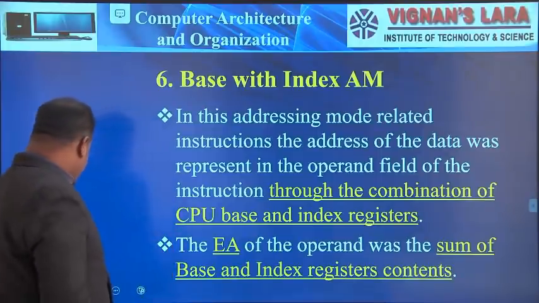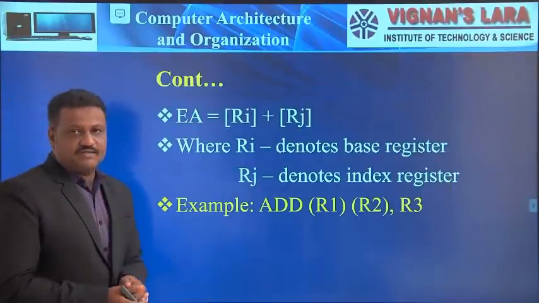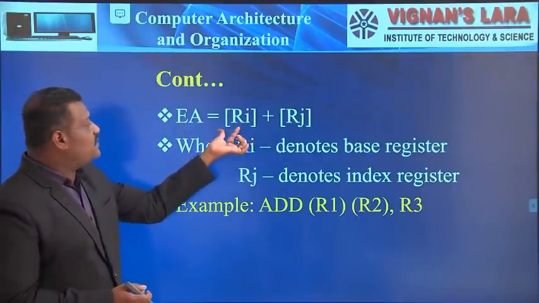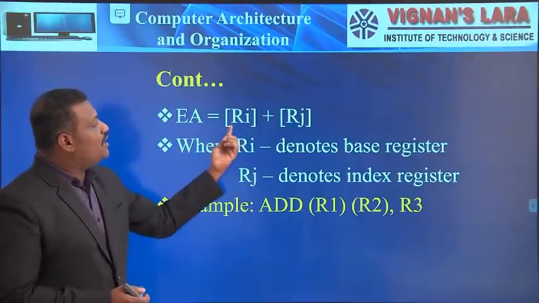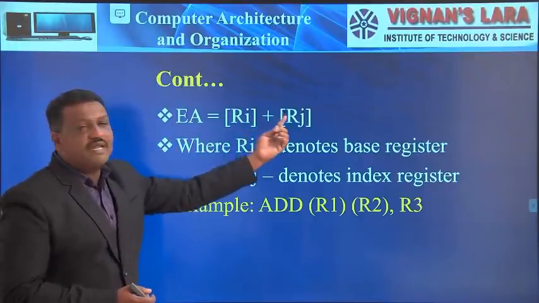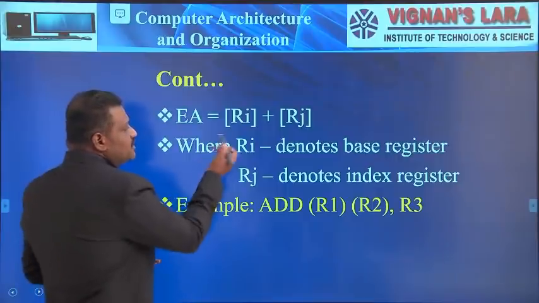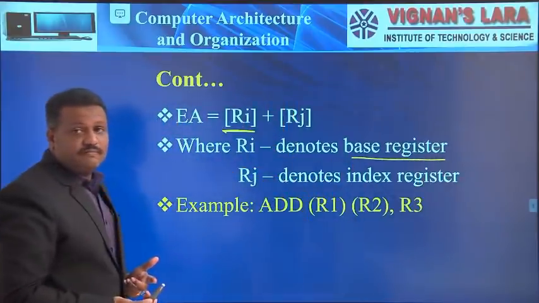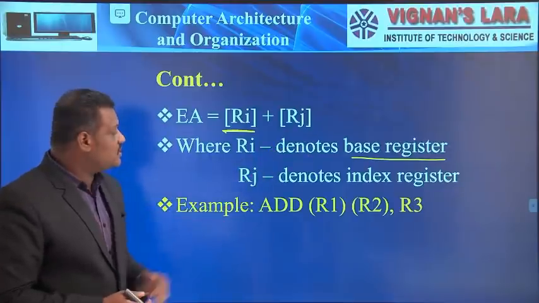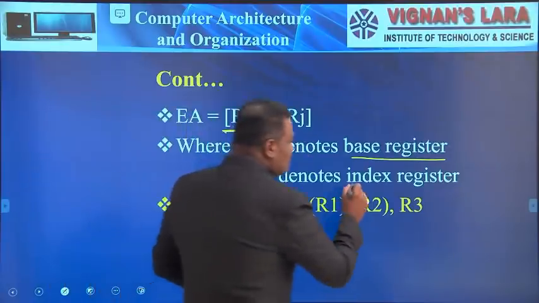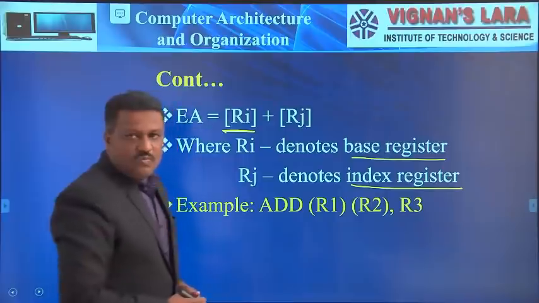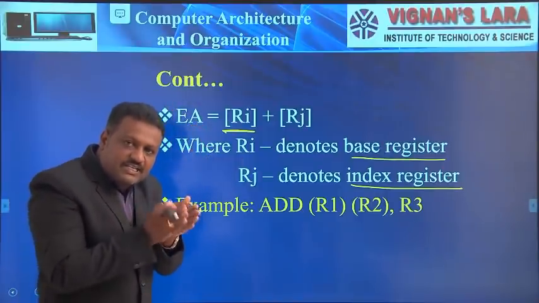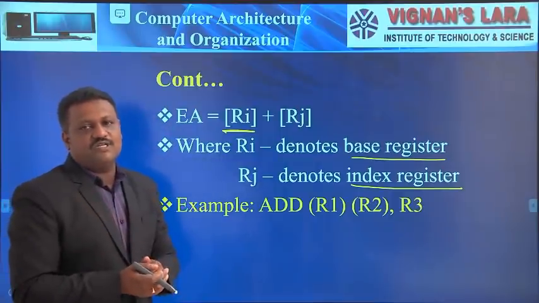Fine. Next we can see an example of this. Here the effective address is equal to (Ri) plus (Rj). You can assume that Ri denotes the base register and Rj denotes the index register. As I already told you, to calculate the effective address, simply add the base register content with the index register content.